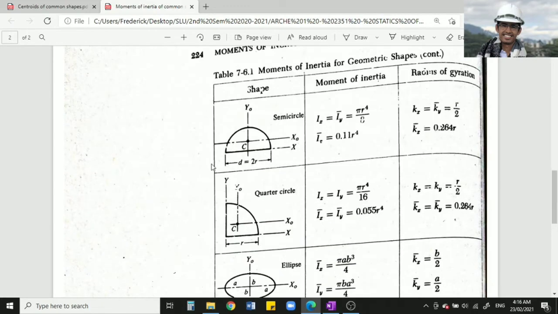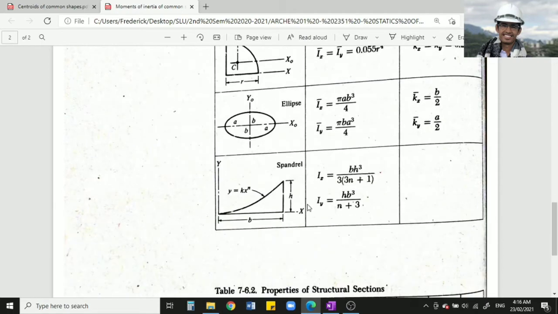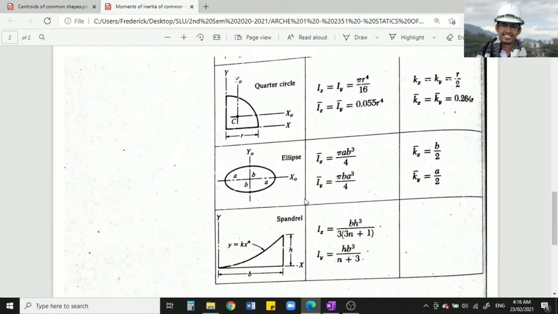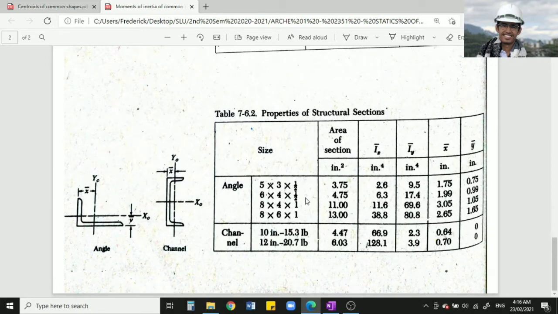So here are the moments of inertia of the semicircle, quarter circle, ellipse, spandrel, and we have the properties of structural sections. Given the moment of inertia, Ix and Iy, and also given the bar x and bar y, which is the centroid of our materials.